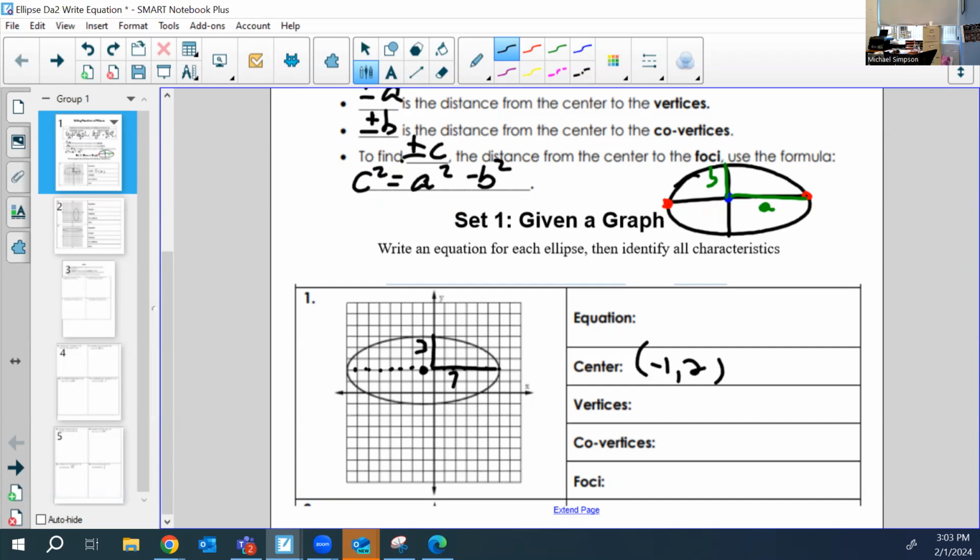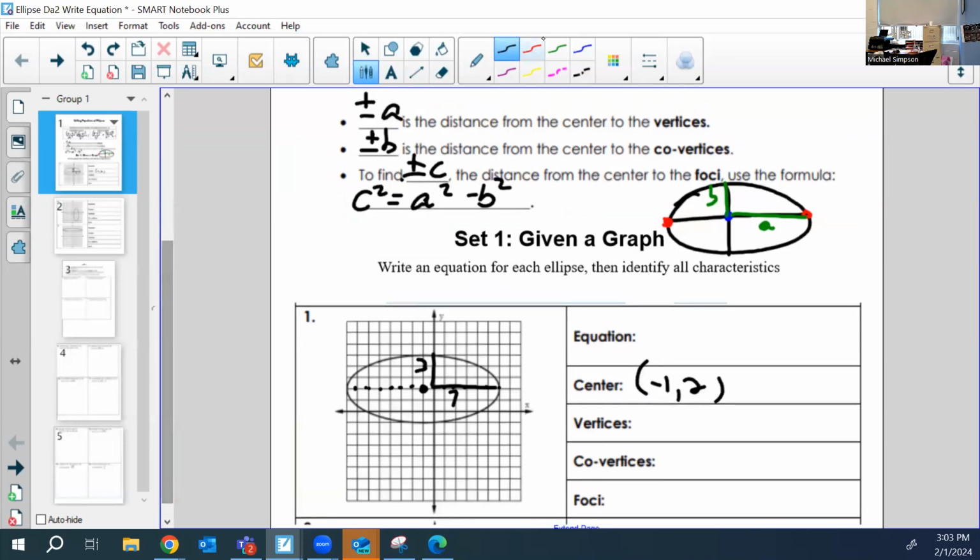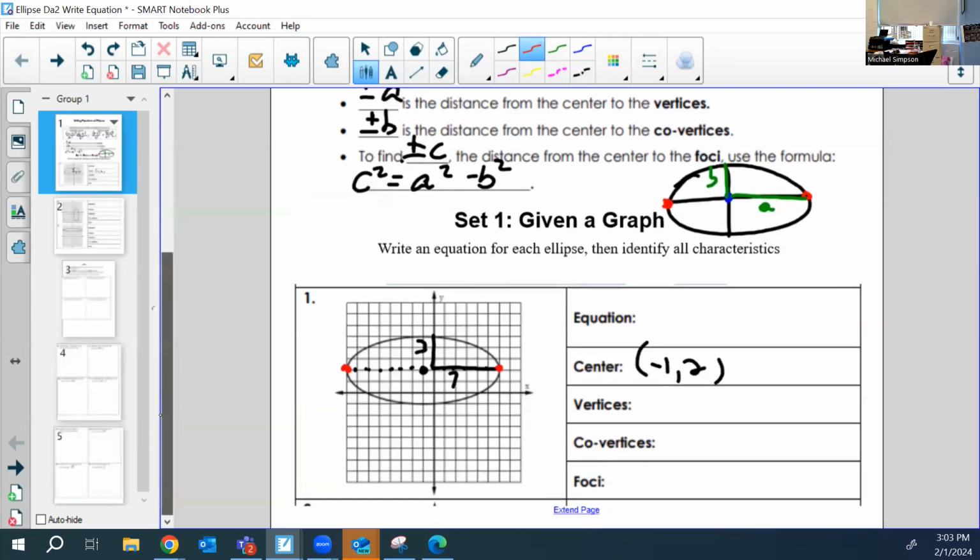Again, as I said in class, to find the vertices now, you can look at the graph and see what those points are. That's fine, that's easy to do. What I want you to get used to is to write the vertices using the a and b value. So for the vertices, I'm going to add 7 to the h value to find the right side.